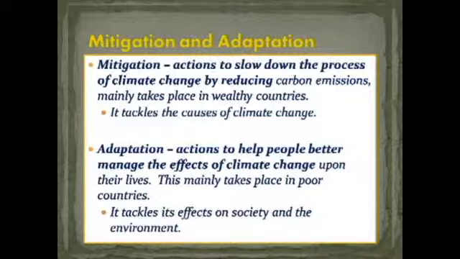Mitigation is actions to slow down the process of climate change by reducing carbon emissions, mainly takes place in wealthy countries. So mitigation would be the reduction of carbon emission in wealthy countries. This tackles the causes of climate change.